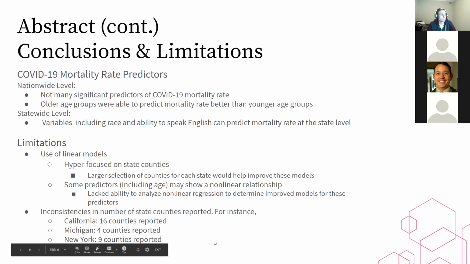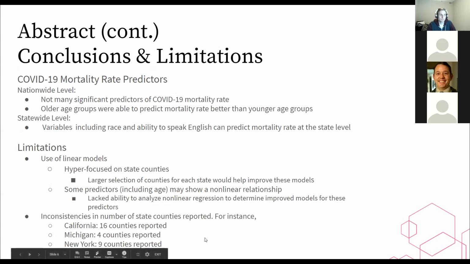And then there are some inconsistencies in reporting. There's national data that we had, and through this national data, each state had a certain number of counties that had reported, and some were quite inconsistent. California had 16 counties, Michigan 4, and New York 9 counties reported. So it's a little bit of inconsistency there.